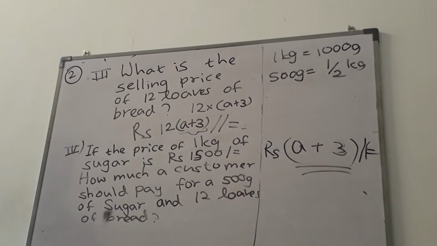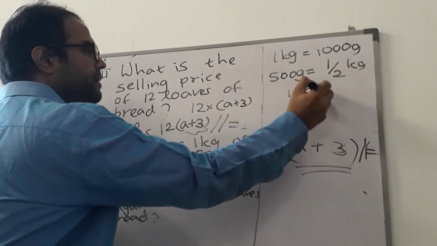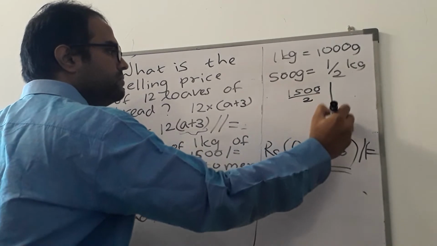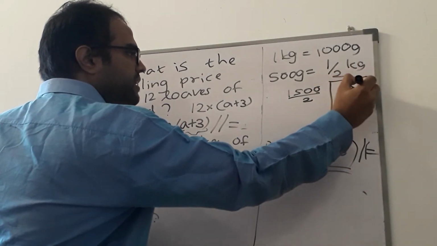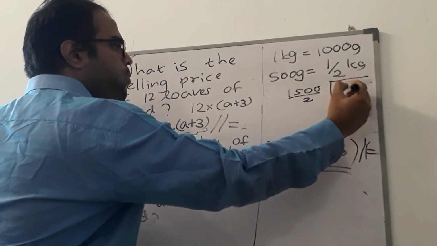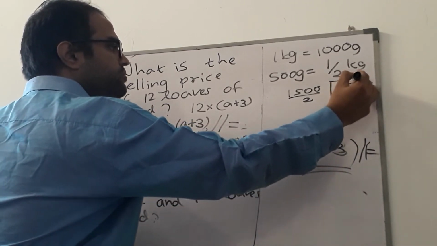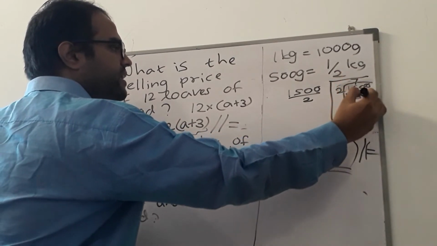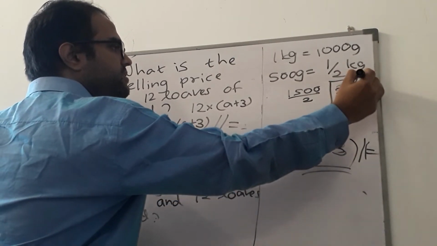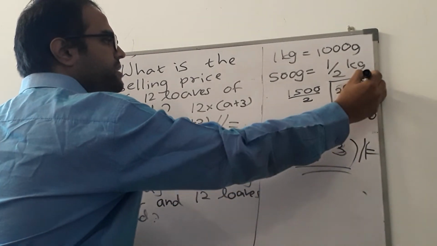So the price of 500 grams means you have to divide 1,500 by 2. 1,500 divided by 2: 2 sevens are 14, 10 means 5, and the last digit is 0.